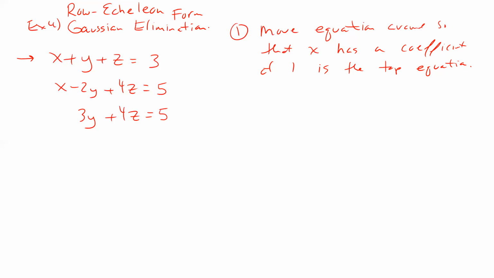So first things first, the first equation on top has to be the one that has the x, and it has to be x that has a coefficient of 1. Do we have that already? Absolutely. Okay, step 1 is done. Next, since that equation is all done, we write it over here.